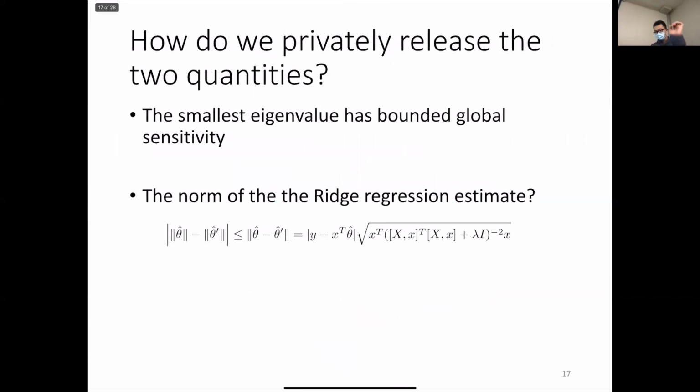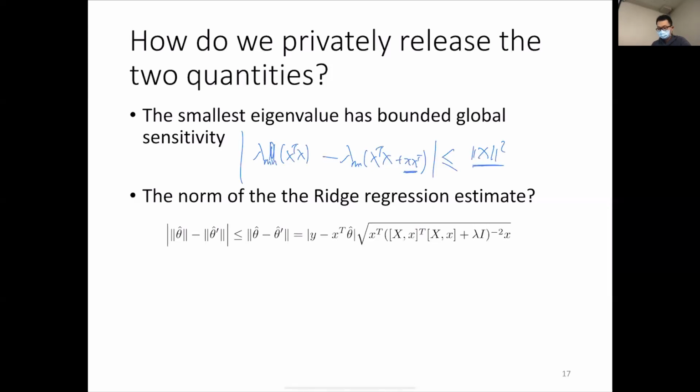Okay. So as we mentioned earlier, by matrix perturbation theory, we know that lambda min of this minus lambda min of this plus the little perturbation is smaller than the two-norm, or the operator norm, of this rank-1 matrix XX transpose, which gives you something that we can enforce by normalizing the individual data points before we enter them into this algorithm.